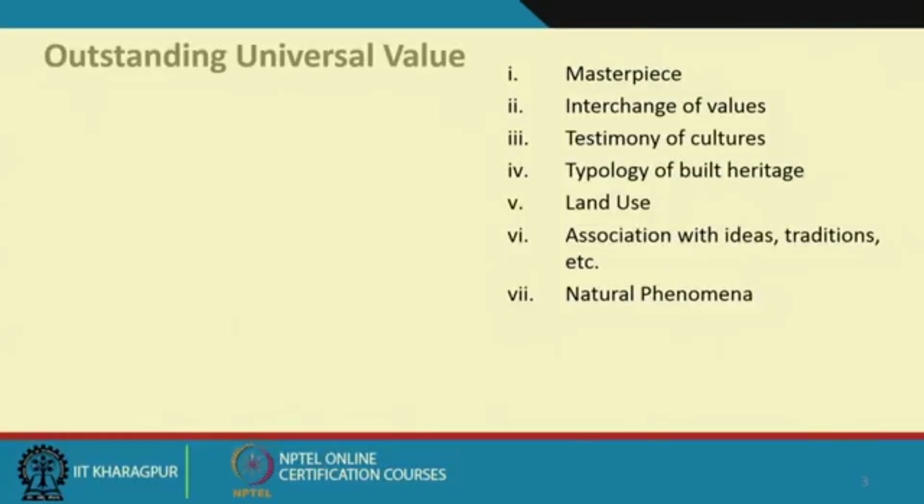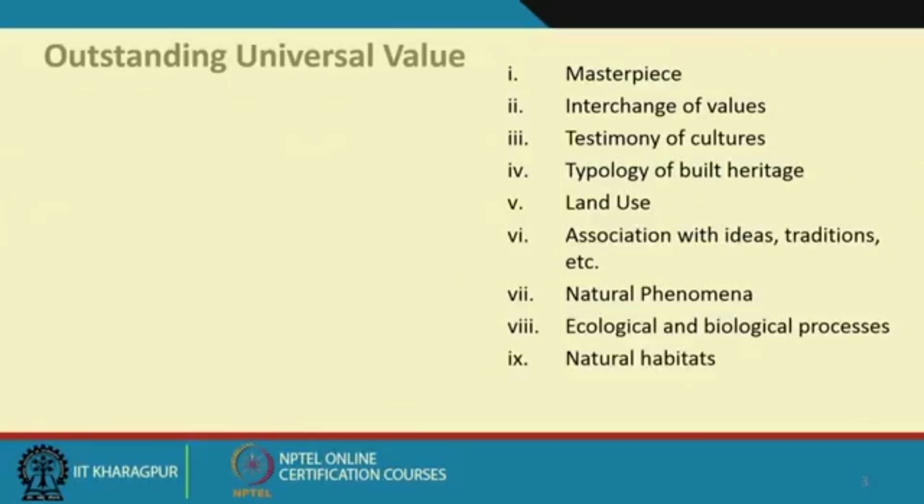So, 7th was the natural phenomena, 8th was the ecological and biological process, 9th natural habitats, and 10th is the biological diversity. We also discussed various examples to explain this, and as we discussed, one particular site can meet more than one criterion.